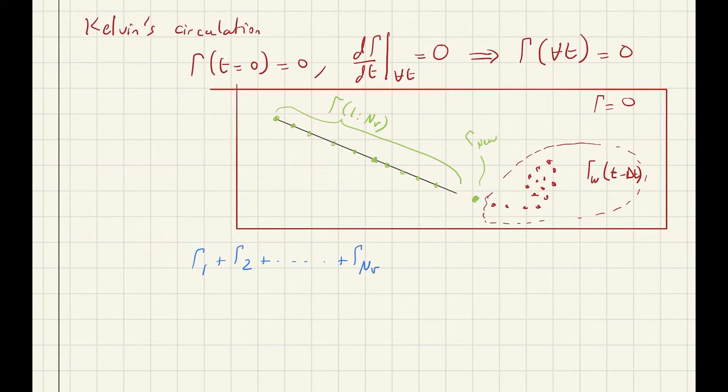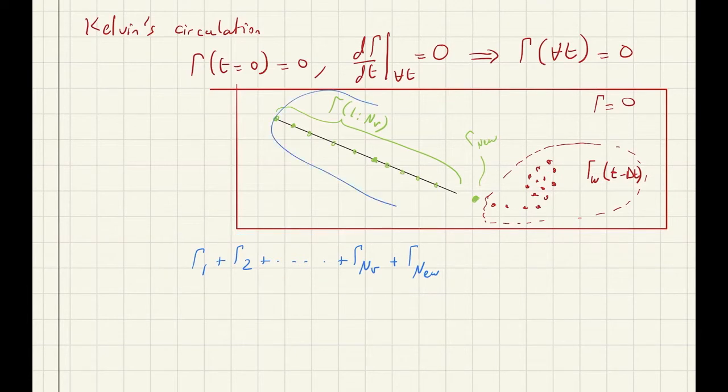Now we also have the additional unknown vortex here, which is called gamma nu. This is the vortex strength of the newly shed vortex in the proximity of the trailing edge. All these gammas are unknown and we have to solve for them.